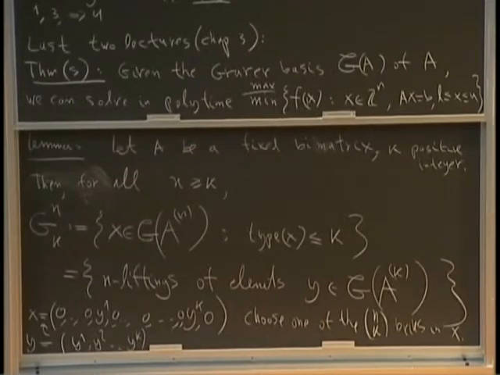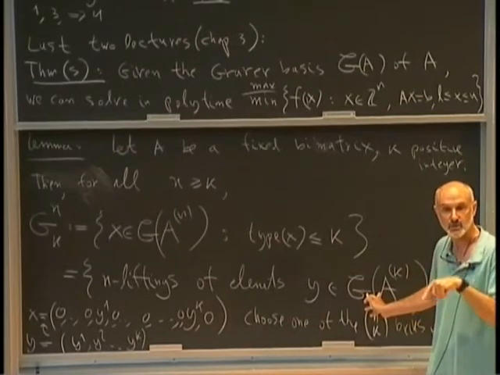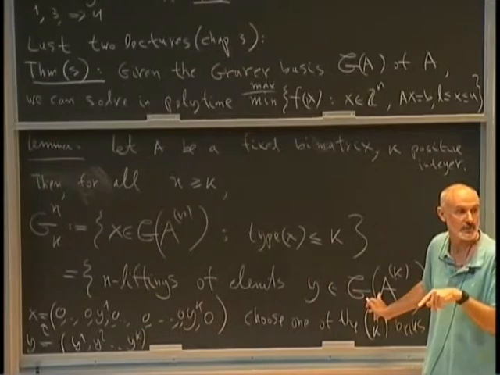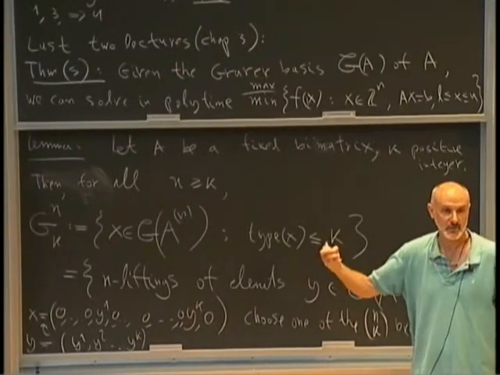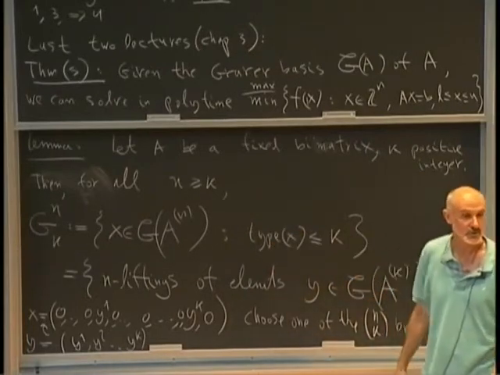And now the claim is this k brick vector must be in the Gradual Basis of the smaller one. Why? Because if not, then there exists somebody in the Gradual Basis here which is smaller in this partial order. And so then we take this smaller guy and simply lift it up again, and we get somebody smaller than this guy. So that's a contradiction.